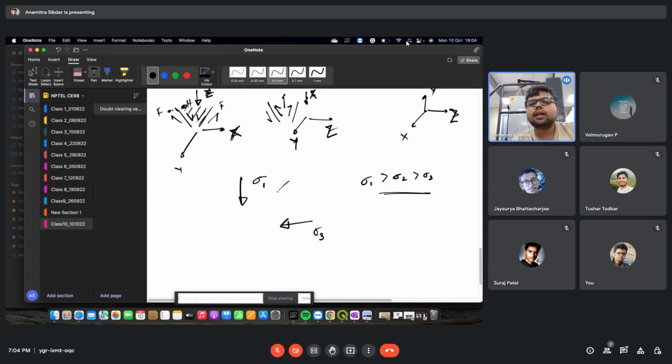So there will be one side which is the compressive region and this is the extensional region, right? There will be one line in which it will be neither compressive nor extensional. This region is compressive, this region is extensional. We know why, right? Because sigma 3 has the least value, right?